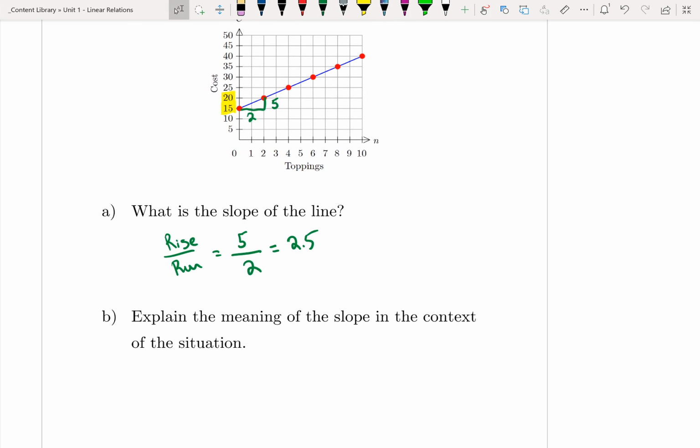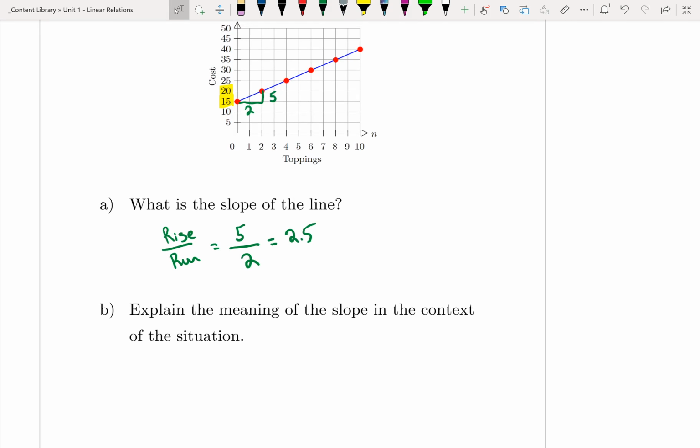B, explain the meaning of the slope in the context of the situation. Well, looking at my two variables, rise over run, rise is cost, run is toppings. So my slope, or 5 over 2, means it's $5 for 2 toppings.